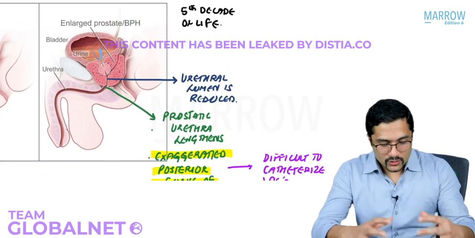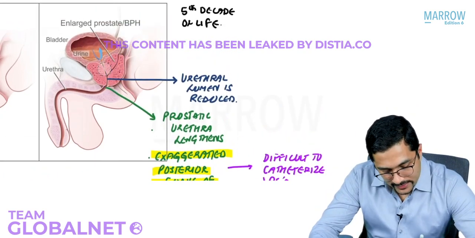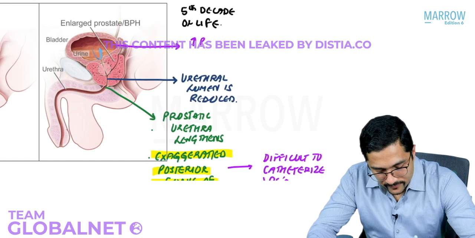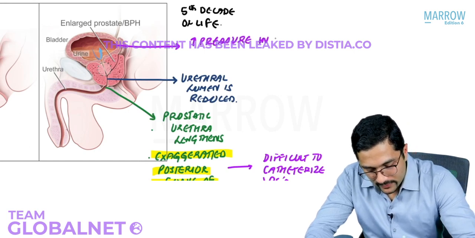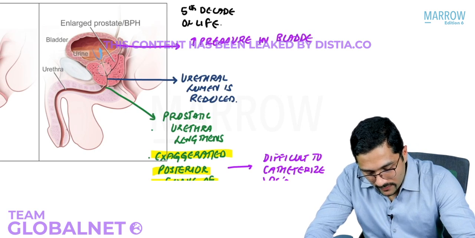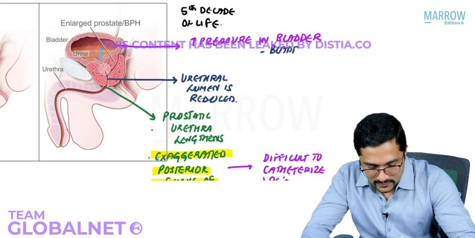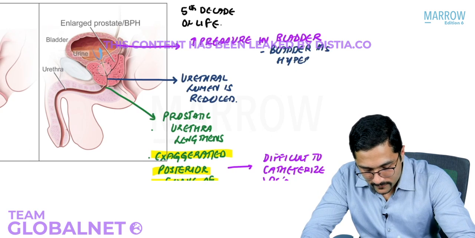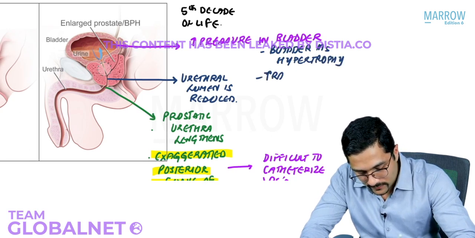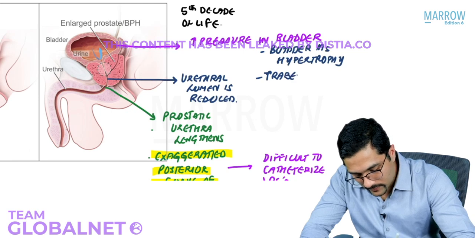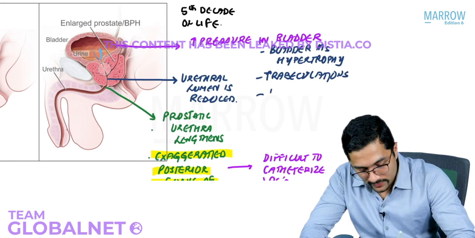Now, because there is obstruction here, there is increased pressure in the bladder, and this leads to bladder muscle hypertrophy. There can be trabeculations, and it can also give rise to diverticulae.